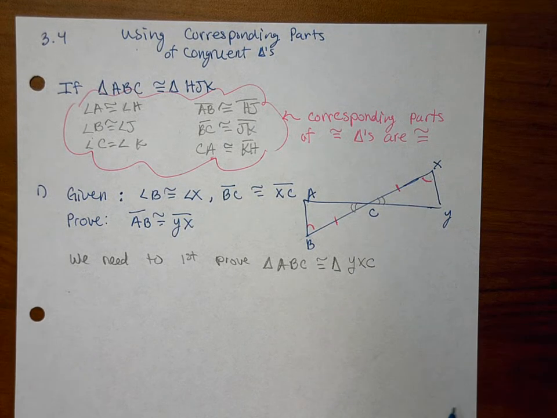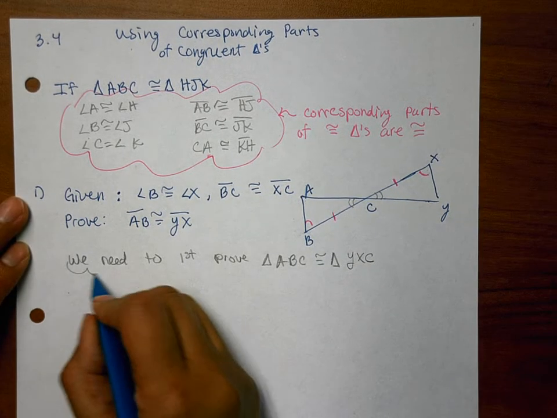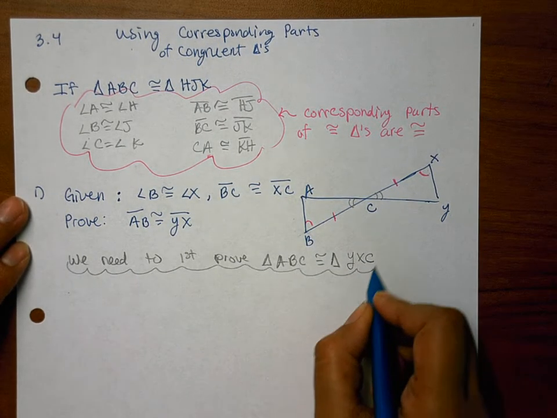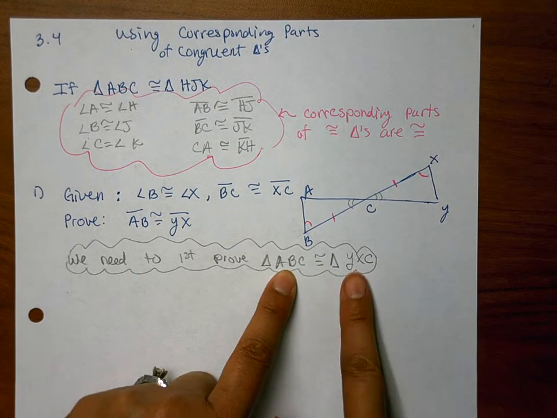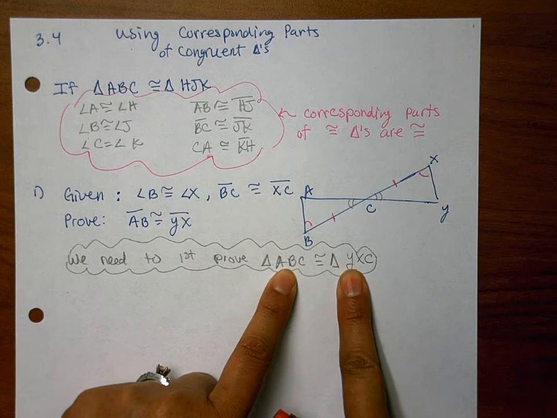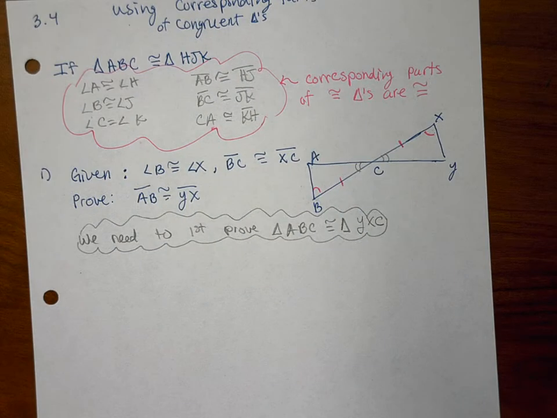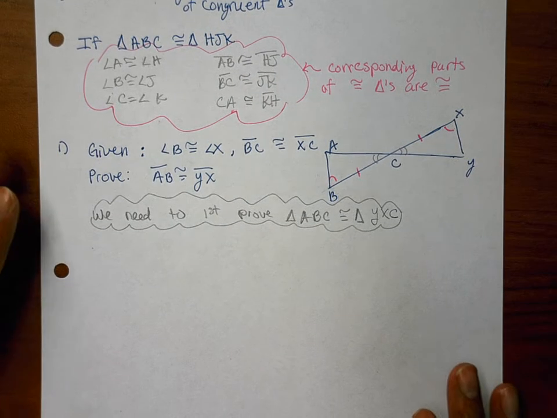None, 1, 2. We would say YXC. YXC. We need to first prove that these two triangles are congruent. Once we're able to prove that, we can then say AB is congruent to YX because they're corresponding parts of two congruent triangles.